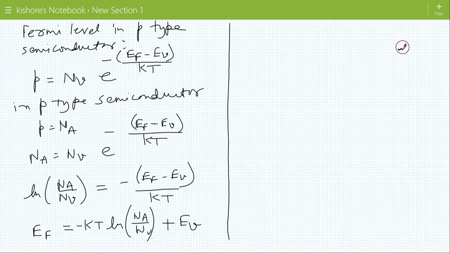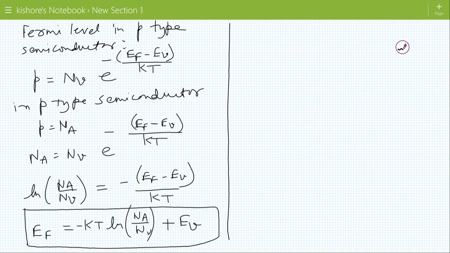This is the expression for the Fermi energy level.